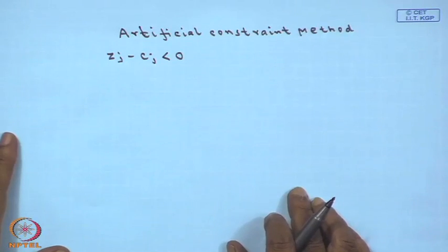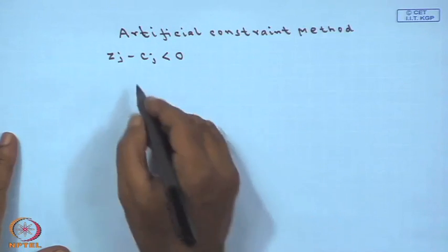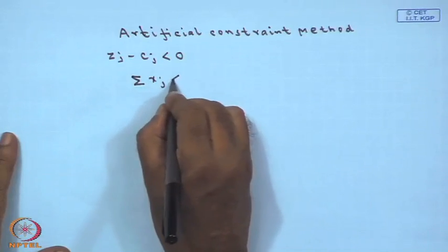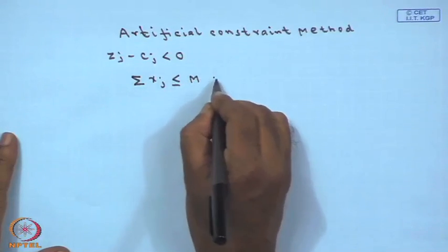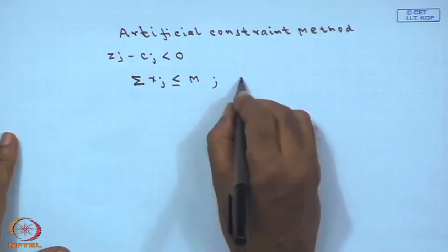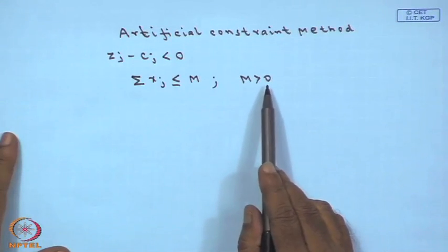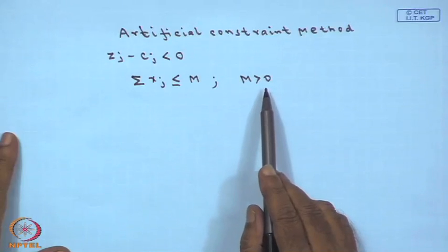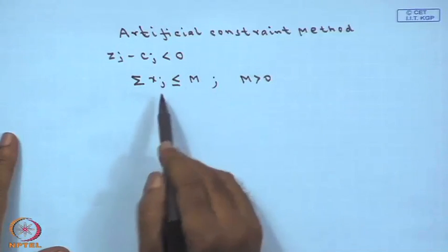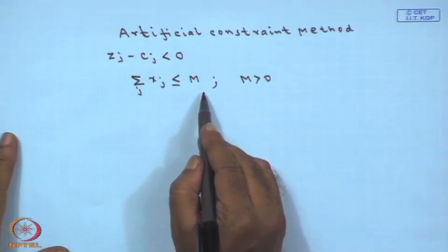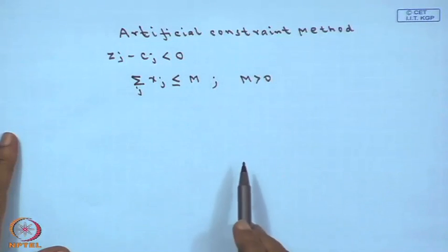Here we are saying that z_j minus c_j is less than 0 for at least one j. In that case you can introduce one new constraint like this: summation over j of x_j less than or equal to M, where M is greater than or equal to 0 and sufficiently large. This constraint we call the artificial constraint.